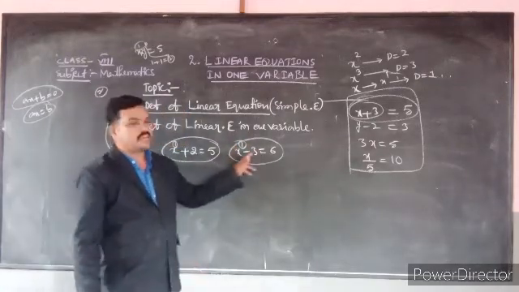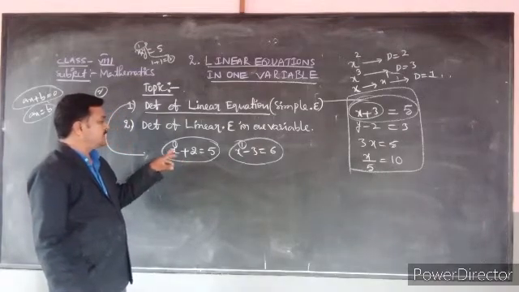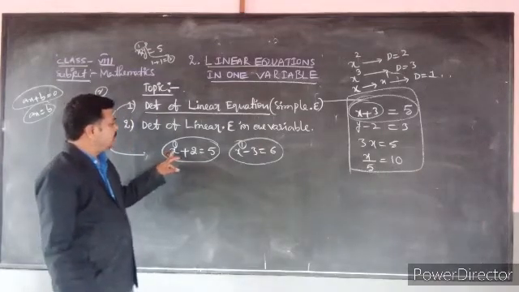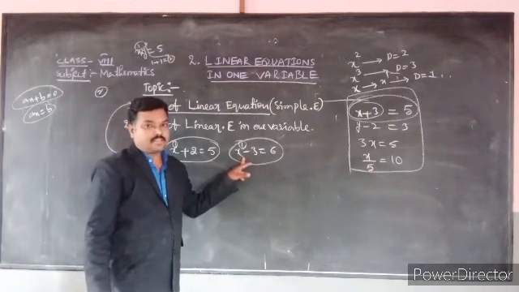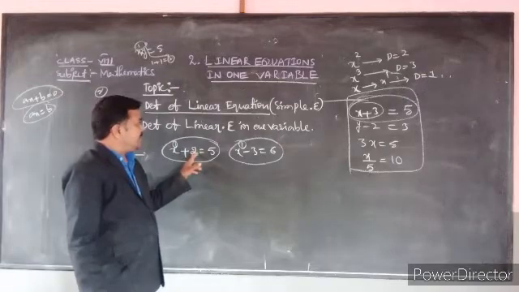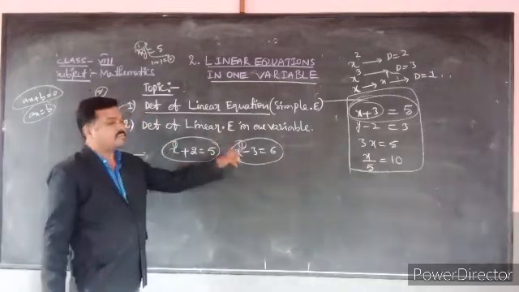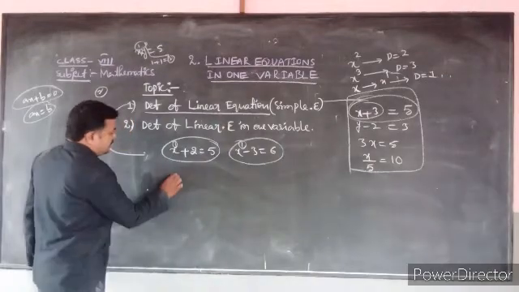These are examples of linear equations. Also, in these equations only one variable is given, that is x. So, a linear equation with only one variable is called a linear equation in one variable.